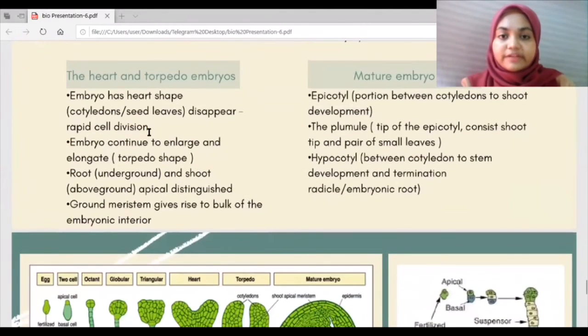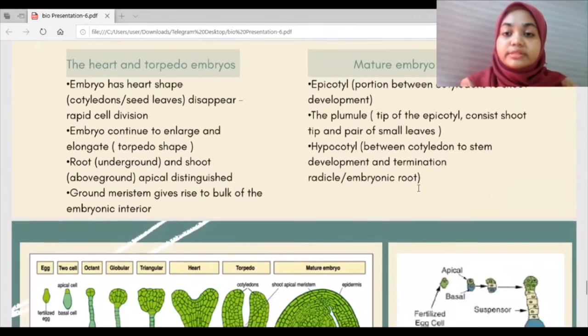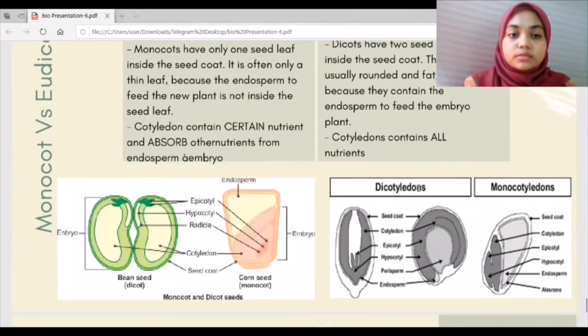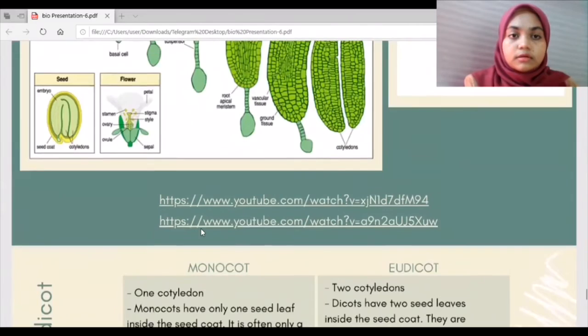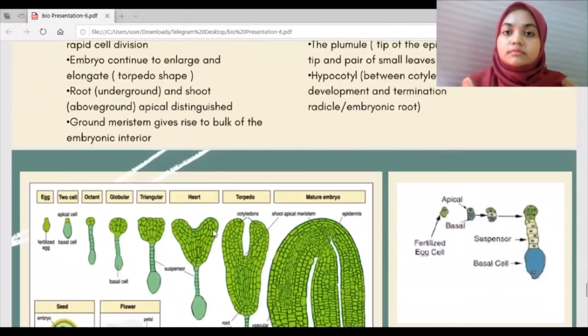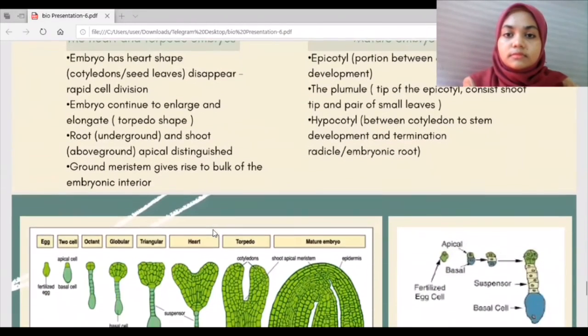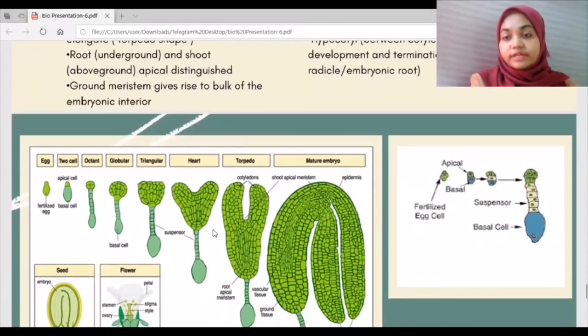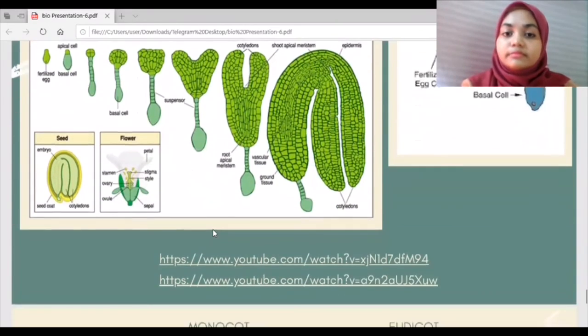And then we have the hypocotyl, which is between the cotyledon and the stem. The epicotyl is up, for shoot development, and the hypocotyl is down, for stem development. Or the embryonic root also comes from there.